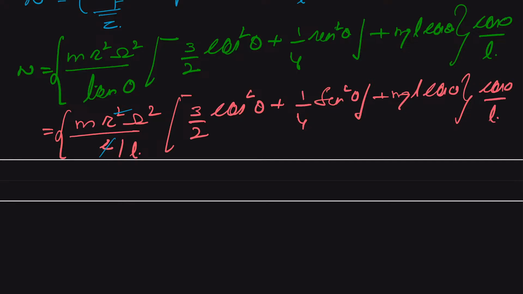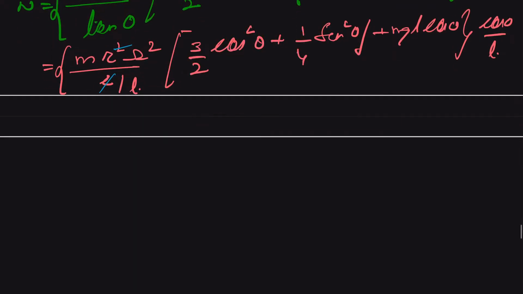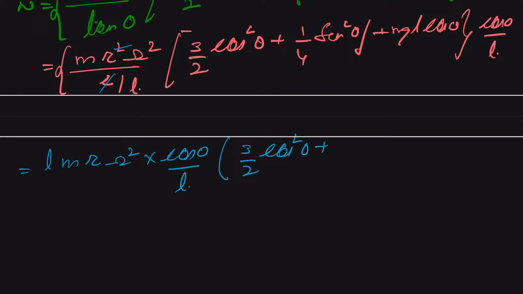Now let us open the bracket and multiply it. So we get LMR omega square multiplied by cos of theta upon L, and this is 3/2 cos square theta plus 1/4 sin square theta.